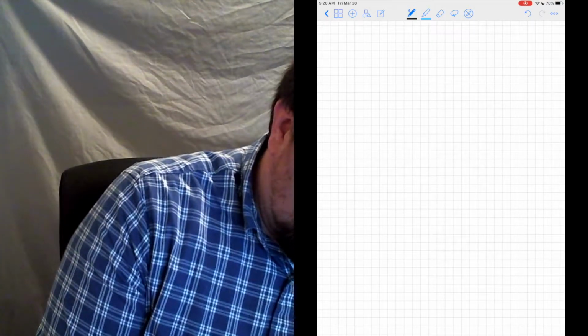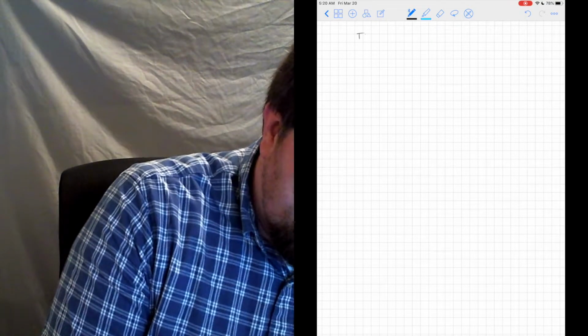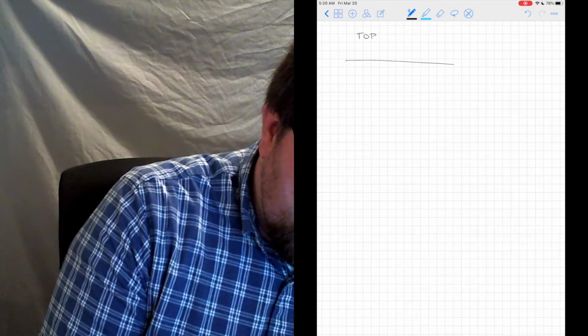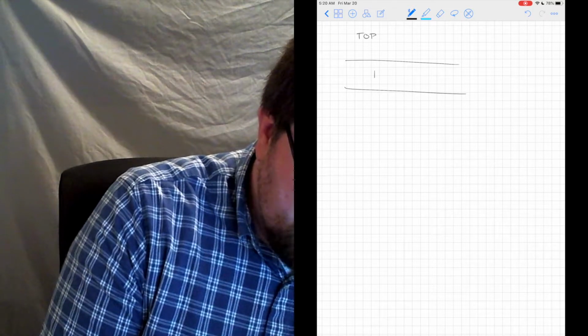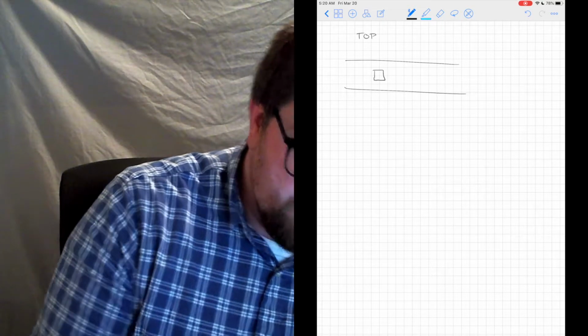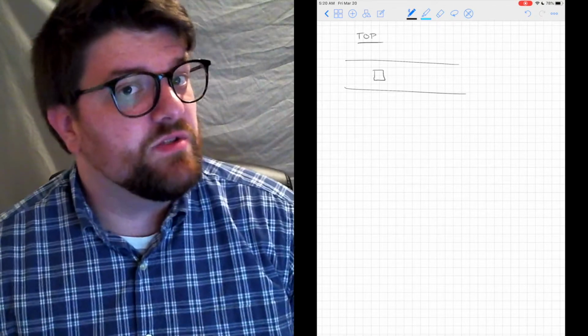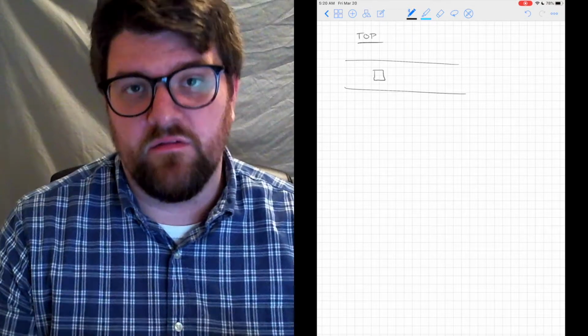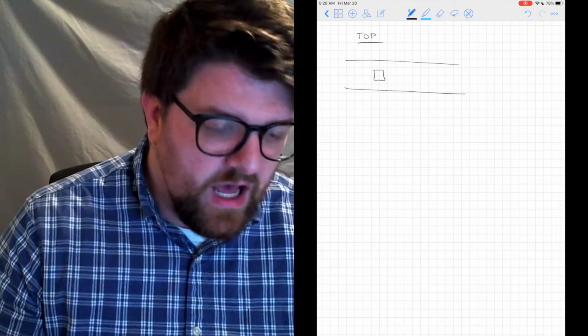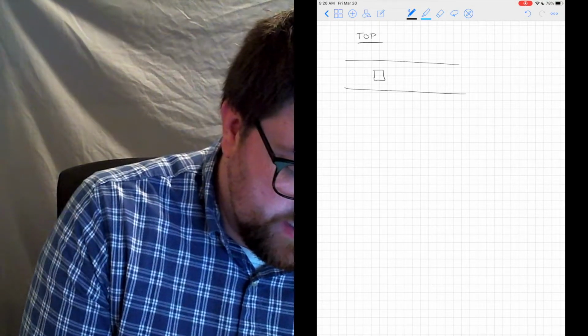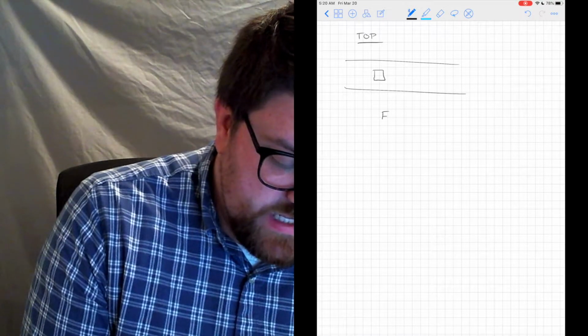If we look at a top-down view of this track, and I have this object, I'm going to apply some sort of force to it. This is going to be our environmental force on our system of the block. I can think about that force as some force in a direction.